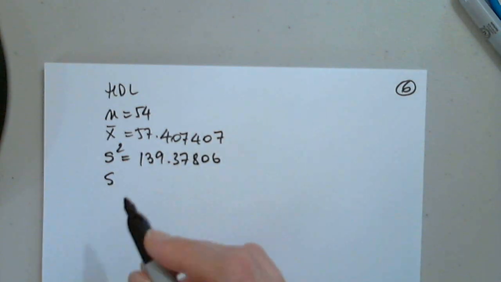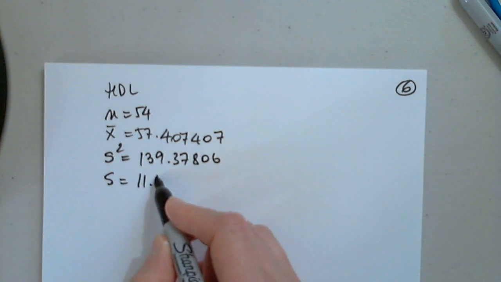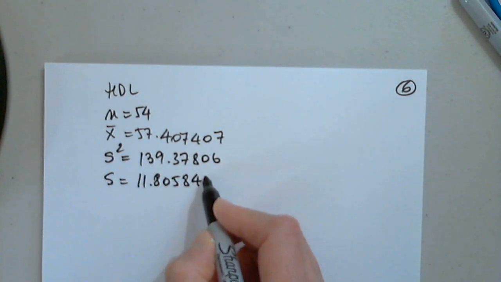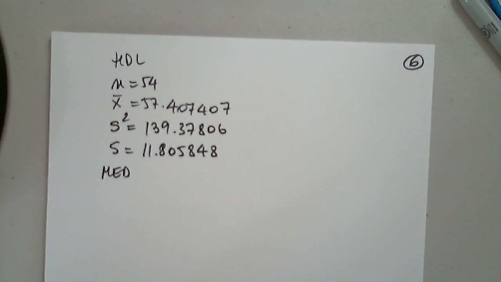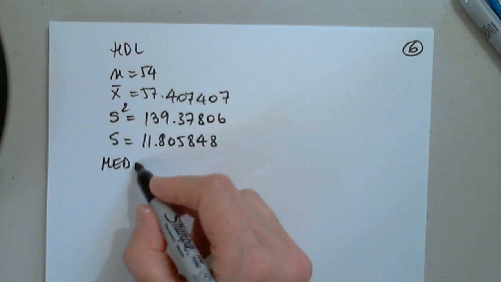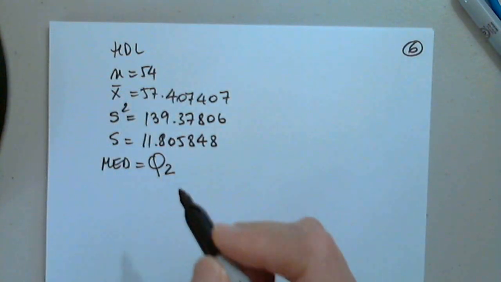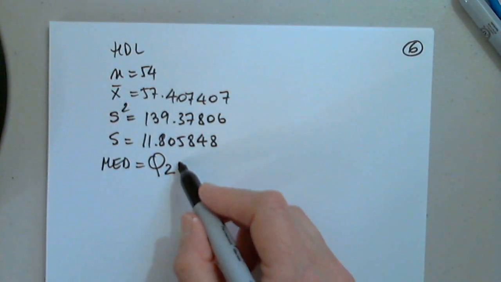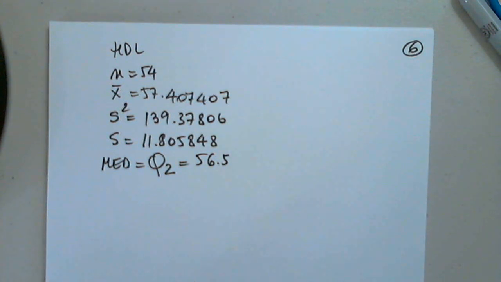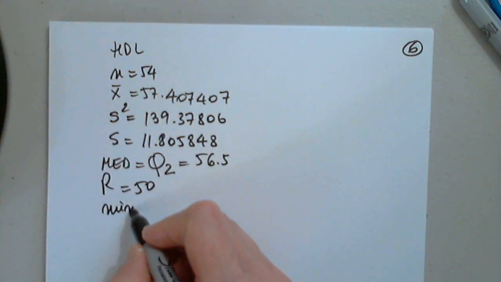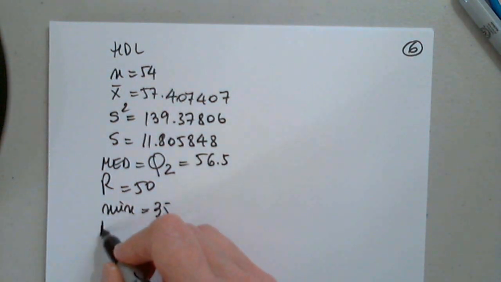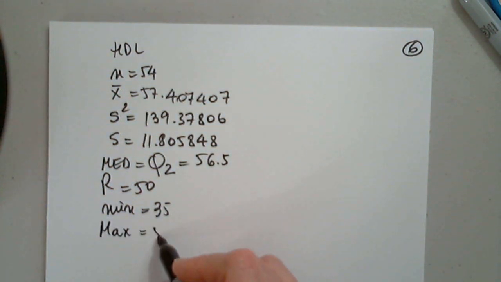I have the standard deviation, which is s, 11.805848. I have the median, also called Q2, which we're going to discuss very soon. Median was 56.5. The range was 50. The minimum 35 and the max 85.